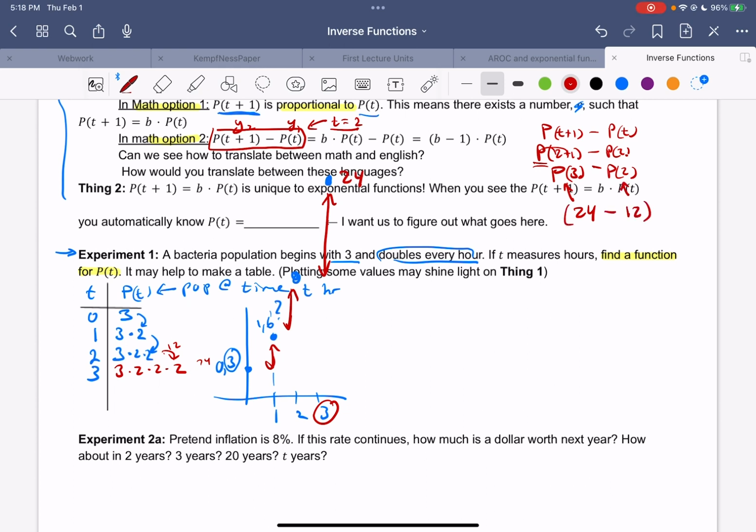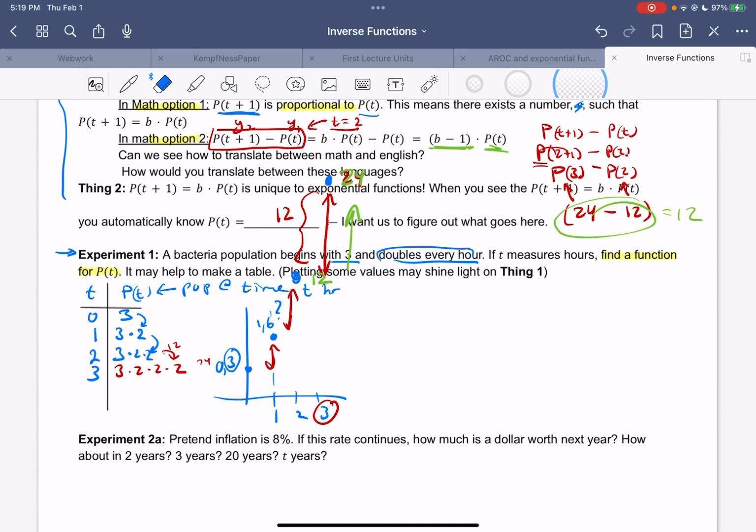So this boxed expression is this vertical jump here. It's size 12, and where that comes from is a difference in y values. This y value is 24, this y value is 12, and 24 minus 12 happens to also equal 12. But anyway, this vertical leap, the change in y values, turns out to also be proportional to where you are.